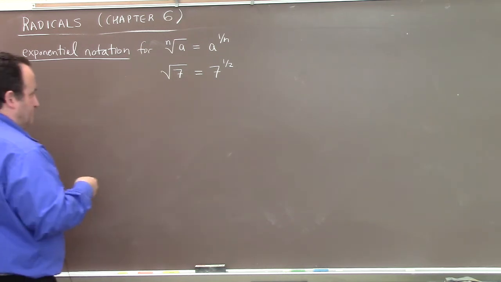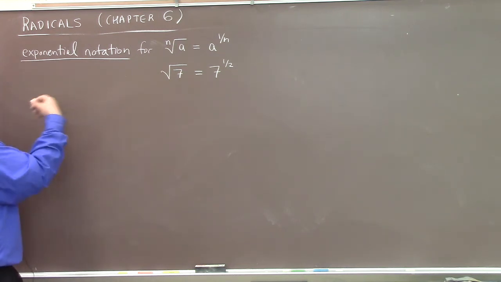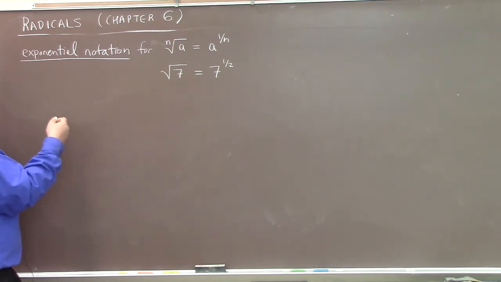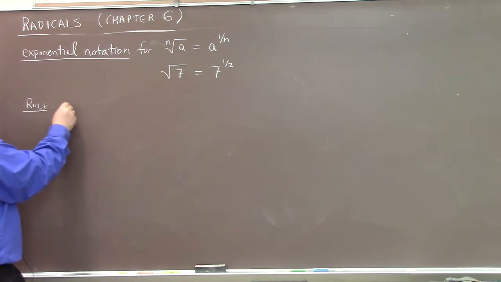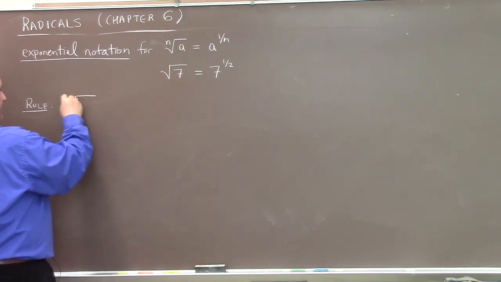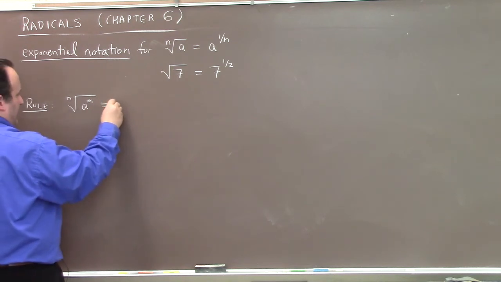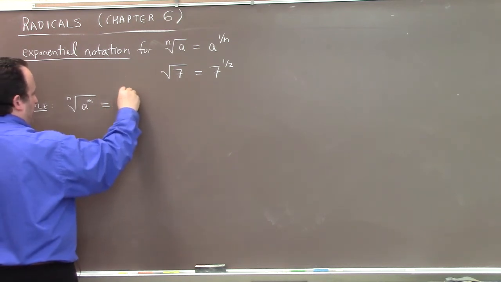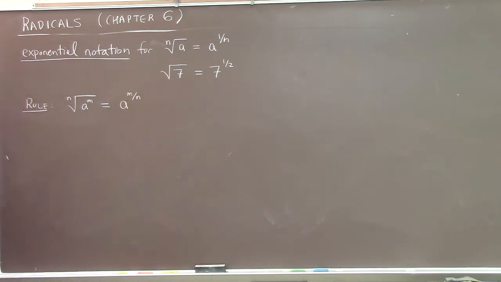And we also have some nice rules. Here's a rule of algebra for you. The nth root of a to the m is equal to a to the m over n.